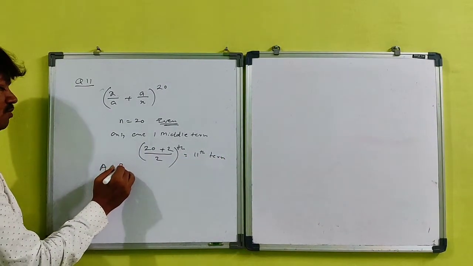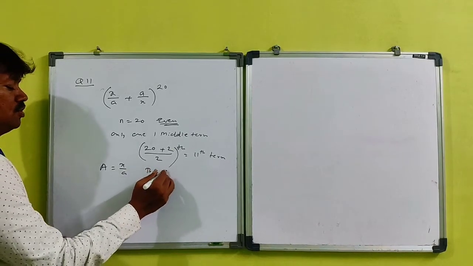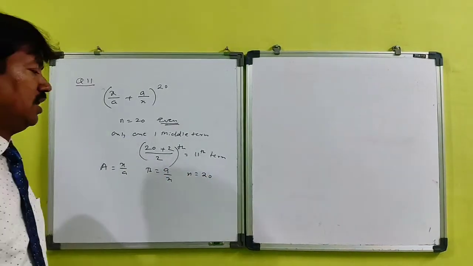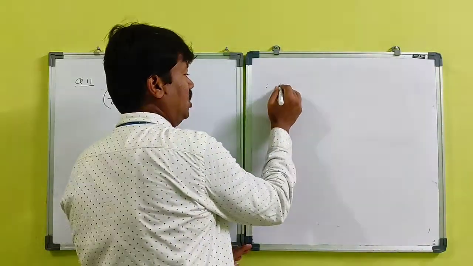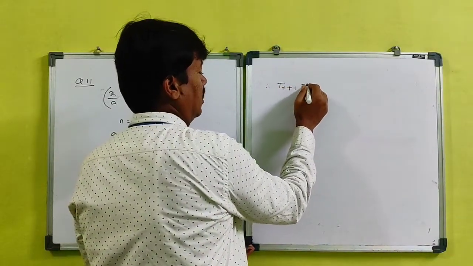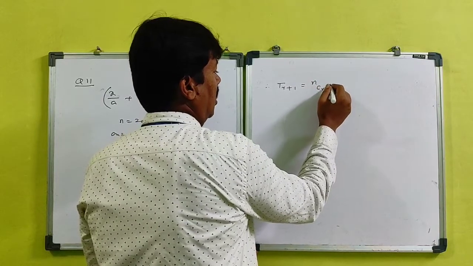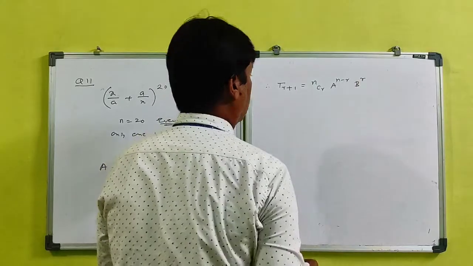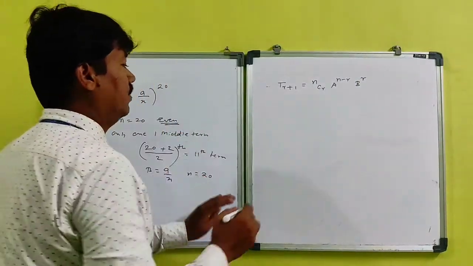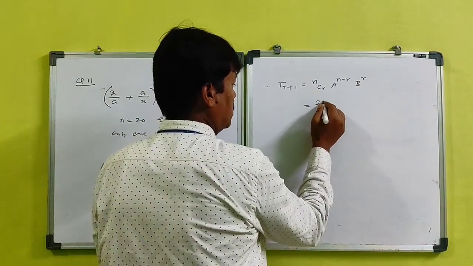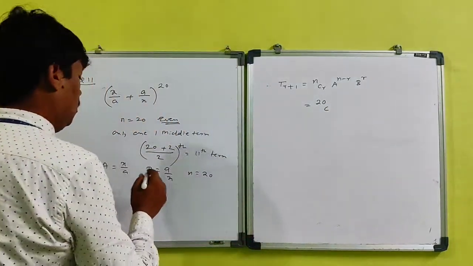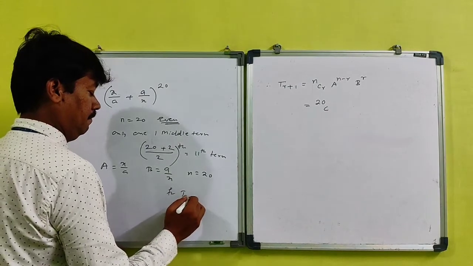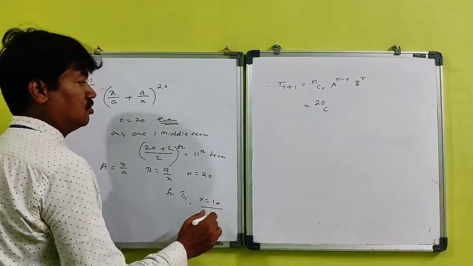And here a is equal to x upon a, b is equal to a upon x, n is equal to 20. So for the 11th term, t r plus 1 is n c r, a raised to n minus r, b raised to r. Here the n value is 20, so it is 20c. What is the value of r? For the 11th term, r is equal to 10. So put the value here.